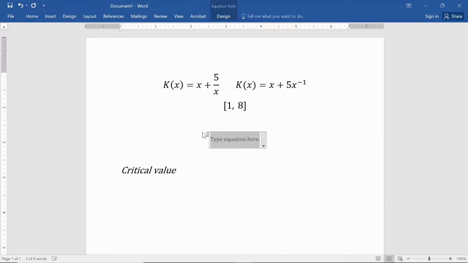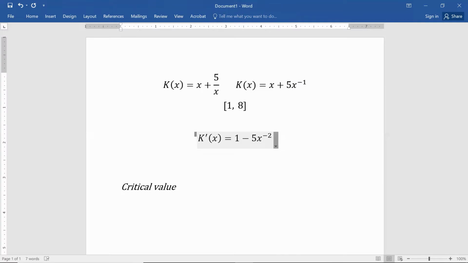How am I going to find a critical value? Well, I'm going to take a derivative of my function. In this case, that's going to be 1 minus 5 times x to the negative 2. I'm going to set that equal to 0. 0 equals 1 minus 5 times x to the negative 2.